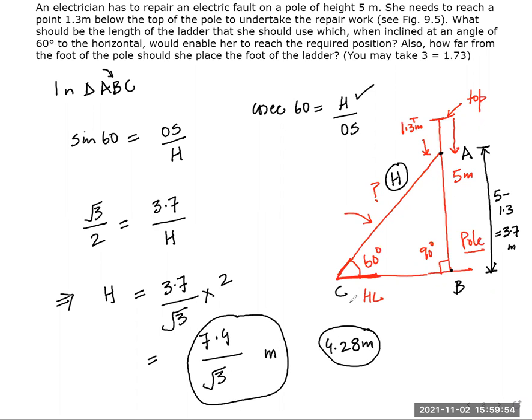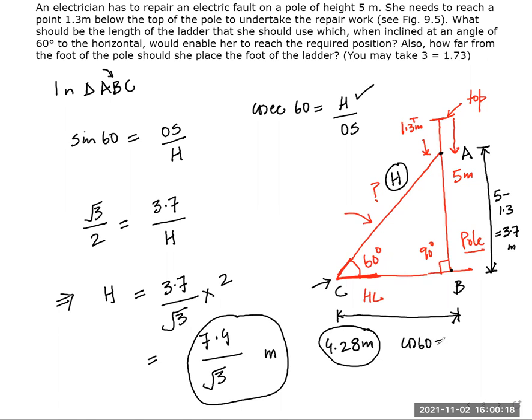Okay. I suppose, students, it is asked how far from the foot of the pole should she place the foot of the ladder? This is the foot of the ladder. So how far should she place the ladder? This also you can calculate by cos theta, right?